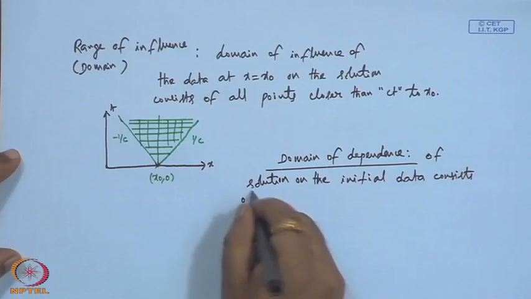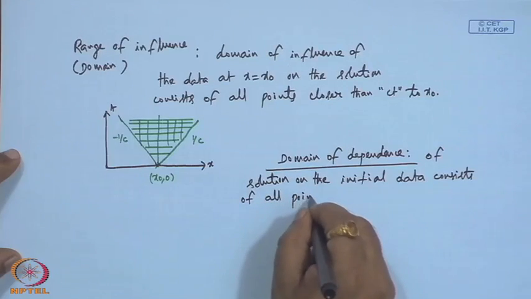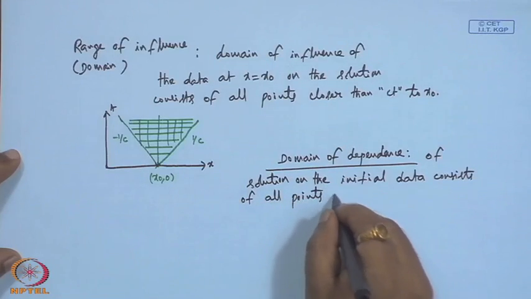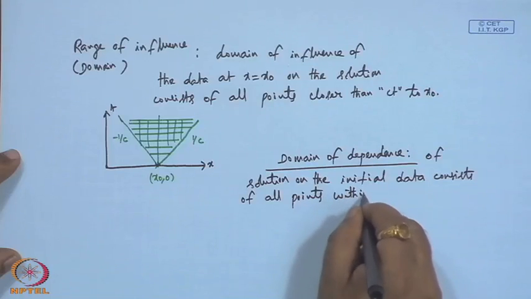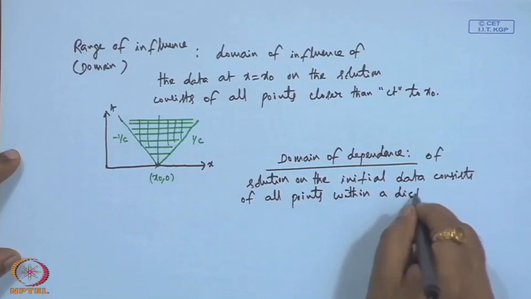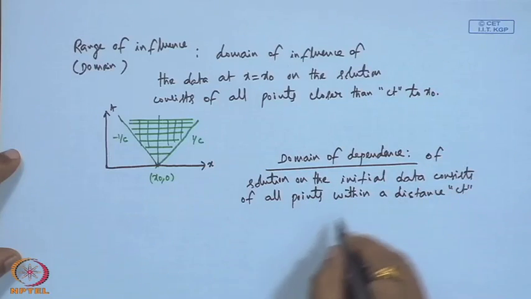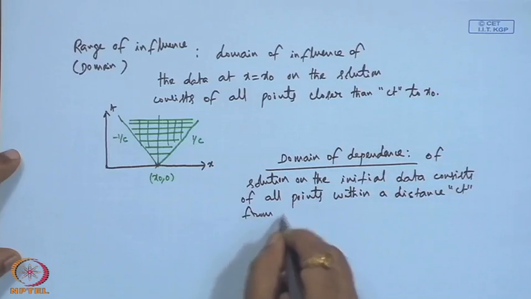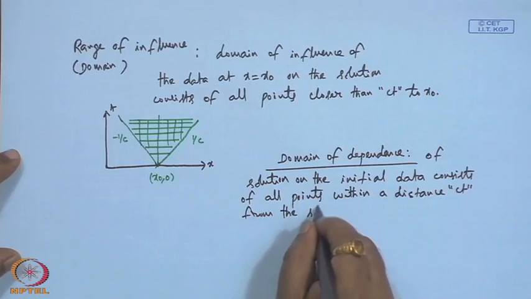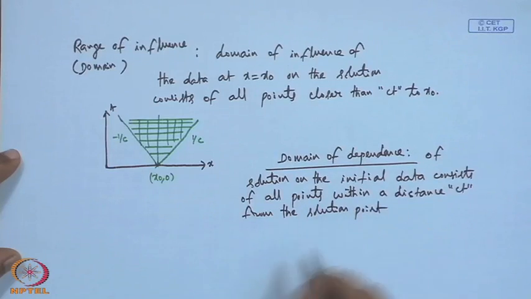This consists of all points within a distance c t from the solution point.